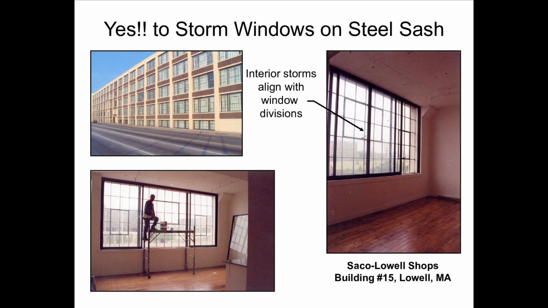And yes, you can put storm windows on steel sash as well. In this example, interior storms align with the window divisions of the historic steel windows.